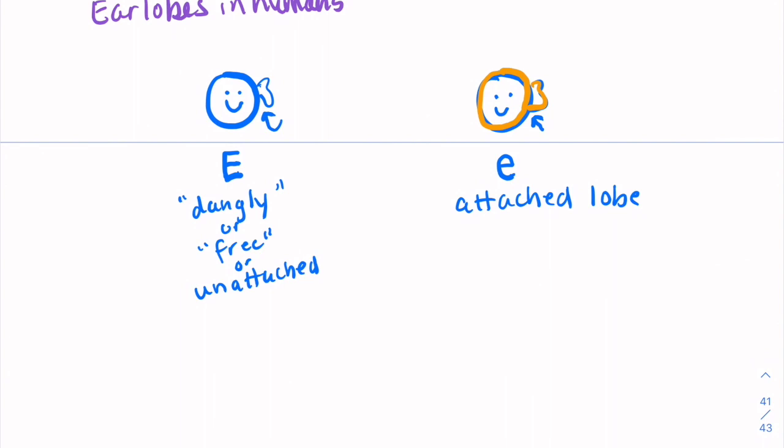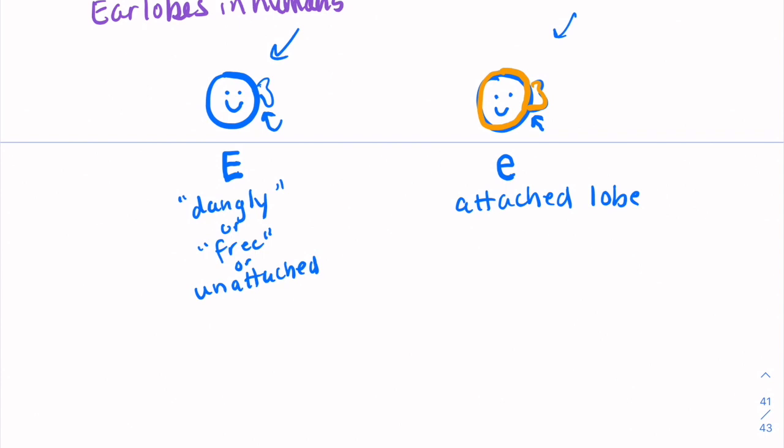They'll have, I don't know, more of a curve to it. Go look in the mirror and check out your earlobe. Check out the earlobes of the people that you might be living with. Take a poll, because I would be taking a poll right now if we were having class in person. And usually there are more people in class that have that dangly earlobe than have attached.